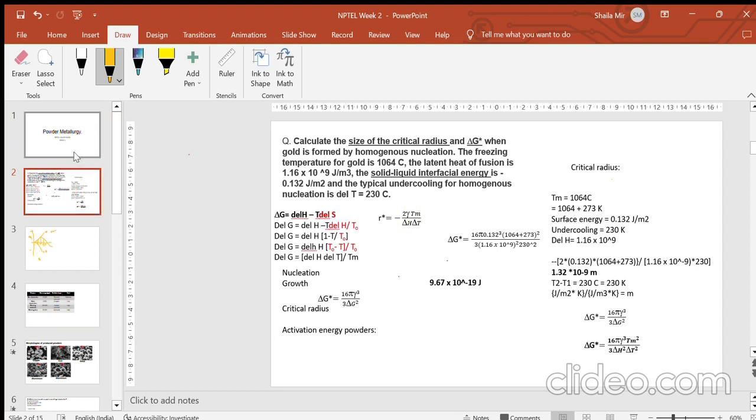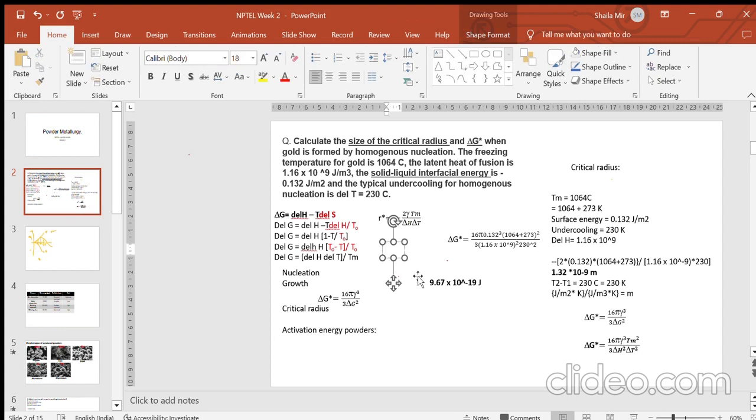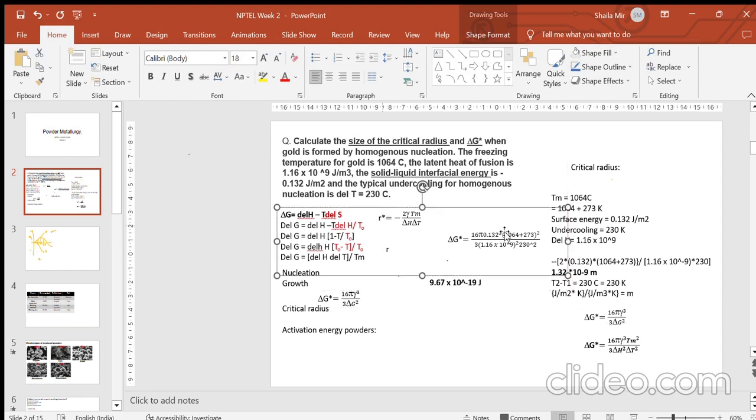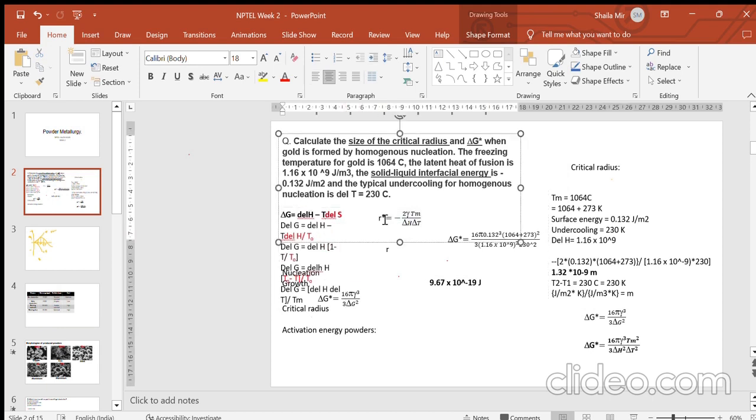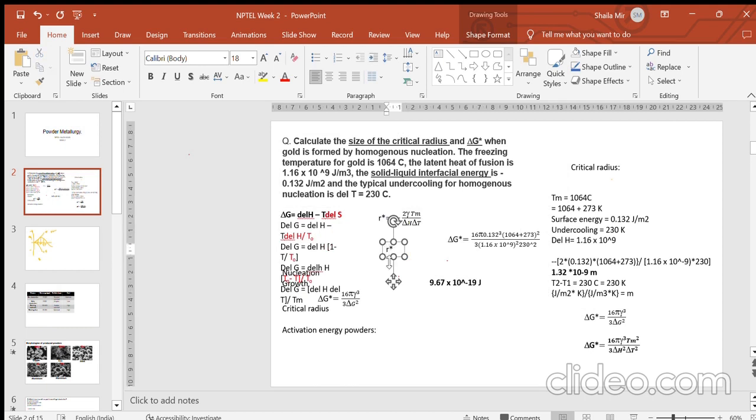If you go to this equation, because we knew that this R critical is equal to 2 times the surface energy into the melting temperature, right?